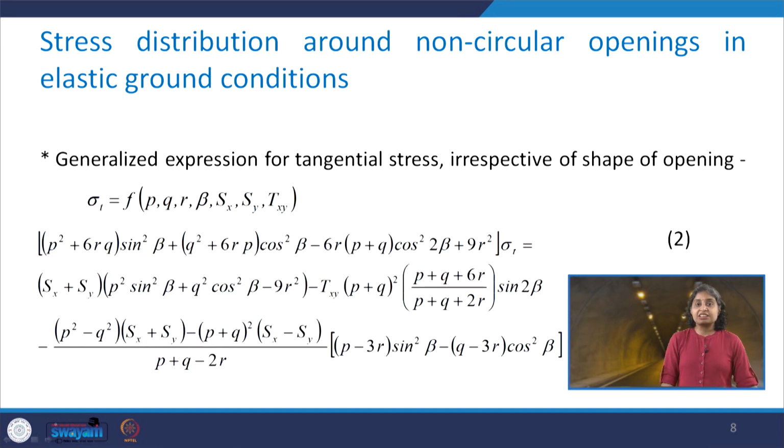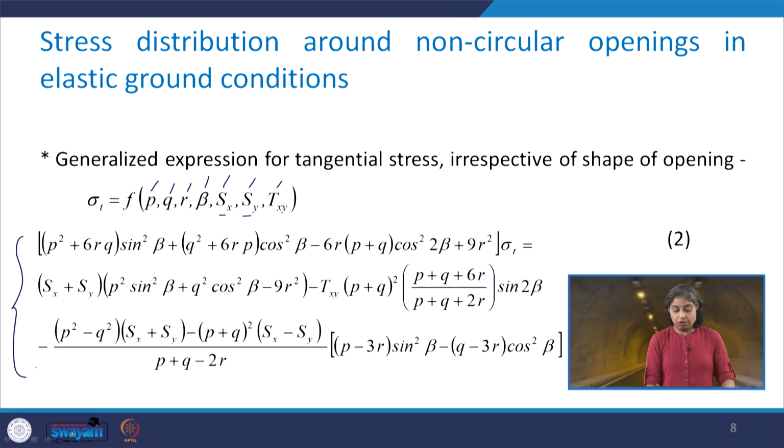Then the generalized expression for the tangential stress, irrespective of the shape of the opening, was derived by these research workers, and it was seen that it is a function of the parameters P, Q, R, angle beta and the stresses Sx, Sy and Txy. Sx and Sy are the normal stresses in the x and y directions respectively. This is again a complicated and long expression, and we are calling it equation number 2.